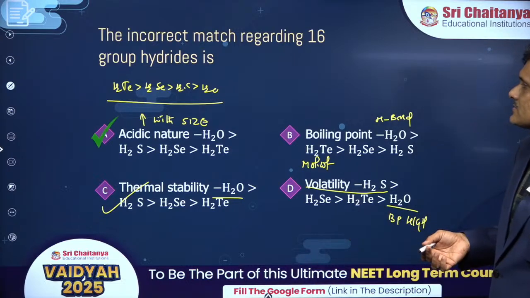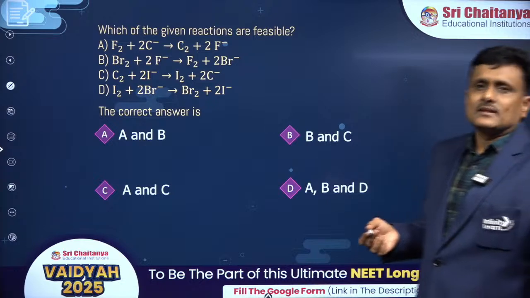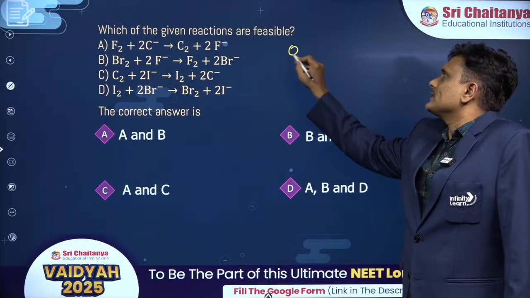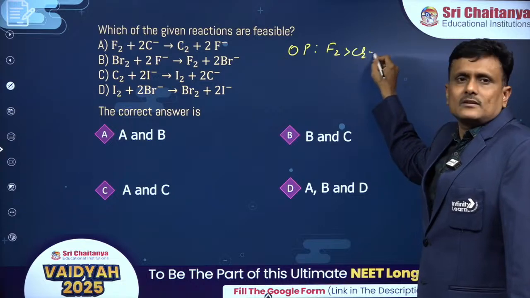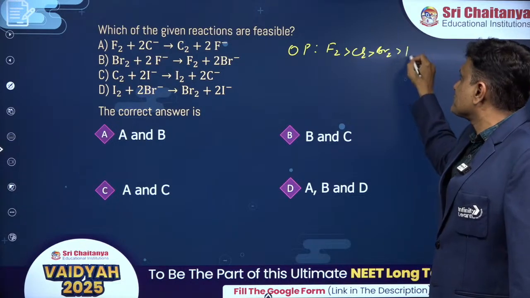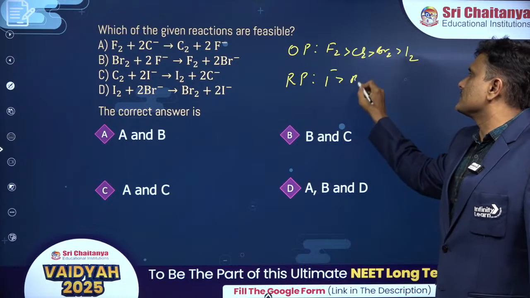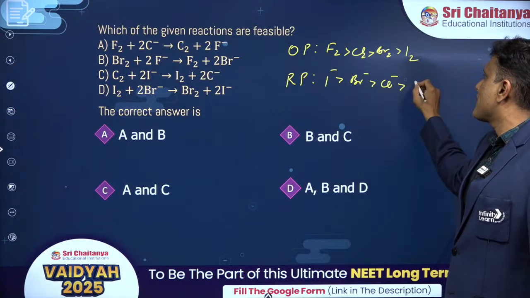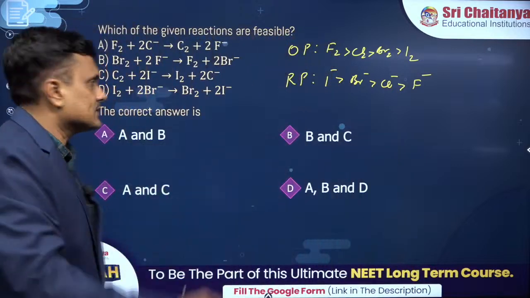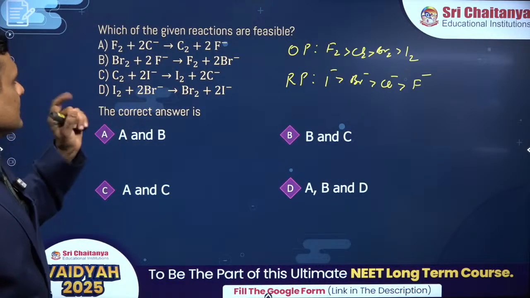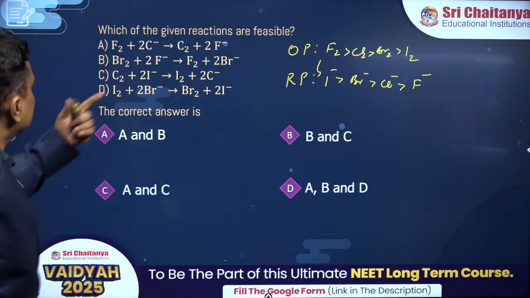Okay. Next question, please. Which of the following reactions is feasible? When you talk about the oxidizing power, fluorine takes electrons easily: fluorine, chlorine, bromine, iodine. When you talk about reducing power, it is opposite. Iodide is a better reducing agent. This is the order, isn't it? Now listen. It is very easy for these two to react. Reverse, you can't do that, right?